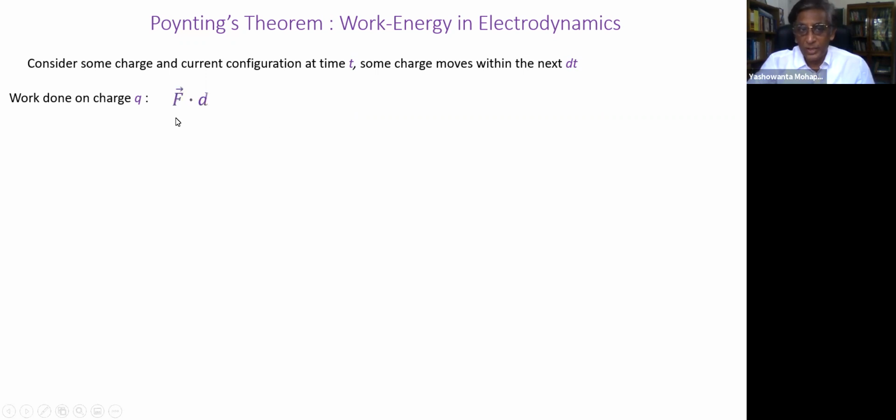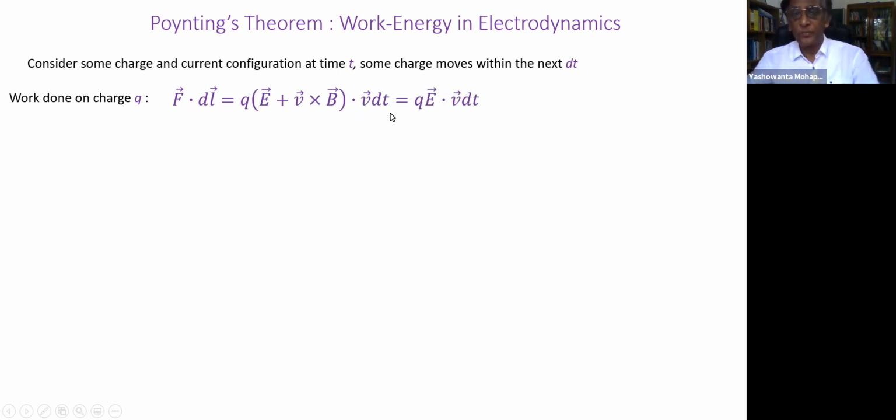That's the work done. Work done, of course, is F dot dl, and that's the Lorentz force dot dl. I can write that in terms of v dt. And hence the magnetic part doesn't do any work. So it will be only the electrical part, qE dot v dt, that will be the F dot dl.